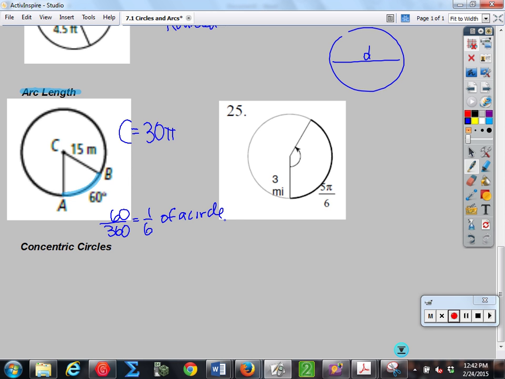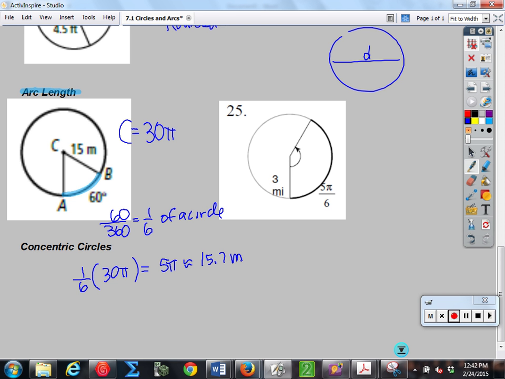So you could do it like that. That's one way you can do it. Just do 1/6 and then multiply it by the circumference. So you have 5 pi or 15.7 meters. Okay? That's probably the easiest way, to just come up with a fraction, what fraction of a circle it is, and then multiply it by the circumference.